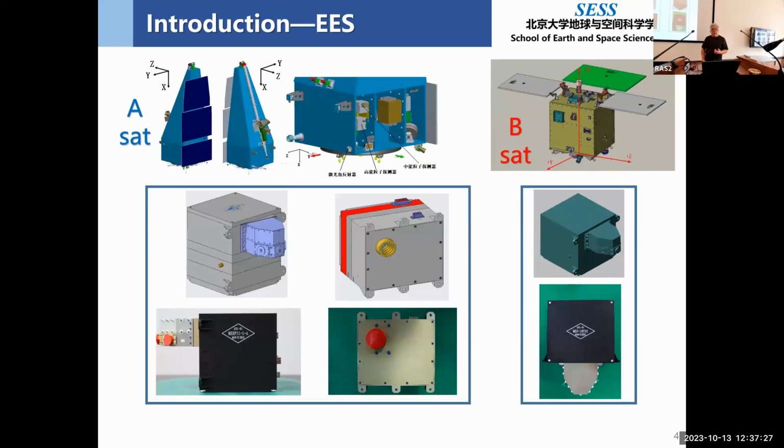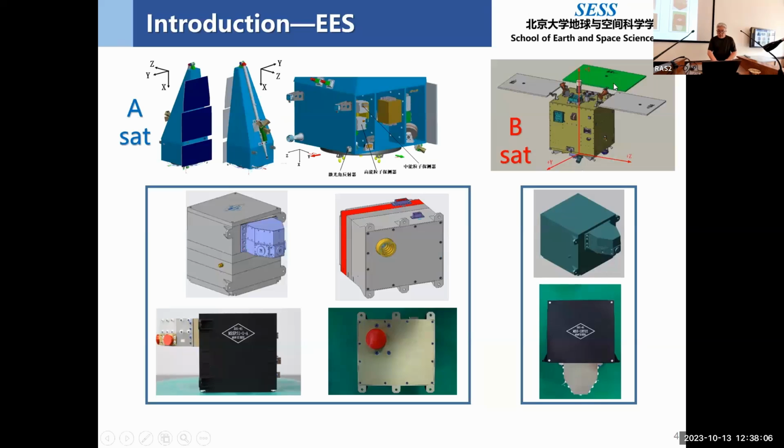This is the installation of the instrument. This part is for the EES on board the A satellite. They have two parts: one is the mid-energy electron spectrometer, and the other is the high-energy electron spectrometer.